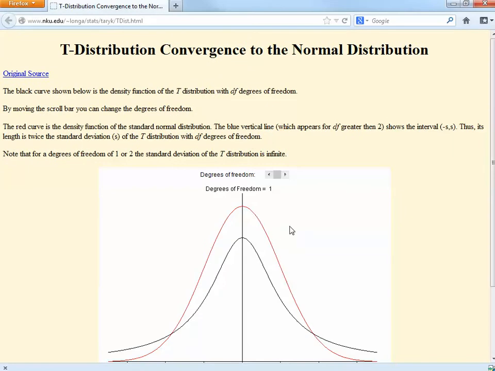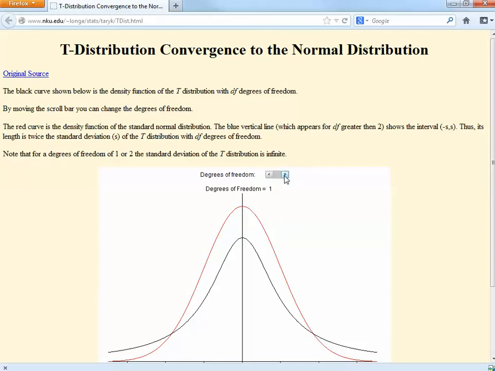So this once again is a Java applet that just shows us how the t distribution changes as the sample size increases. Now it uses the term degrees of freedom. Degrees of freedom is defined as the sample size minus the number of variables. Well, we only have one variable in this case, so degrees of freedom would be defined as n minus 1.